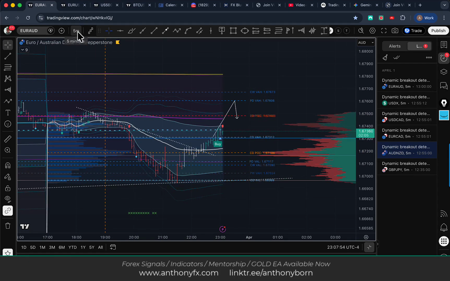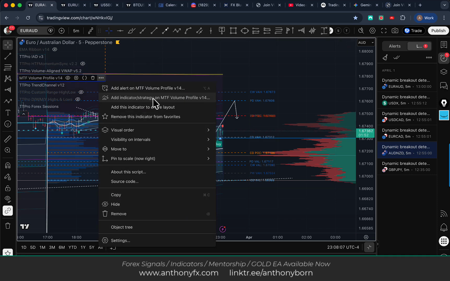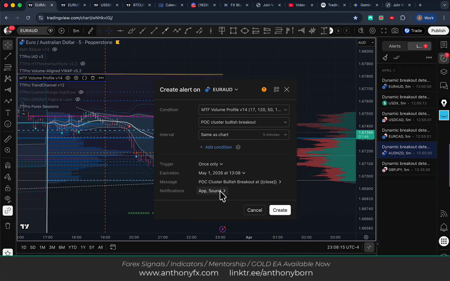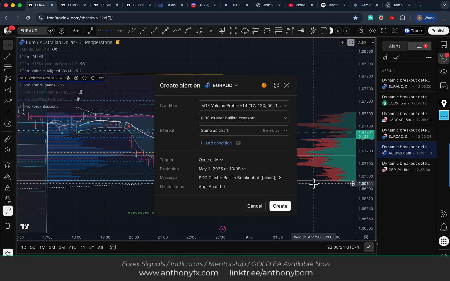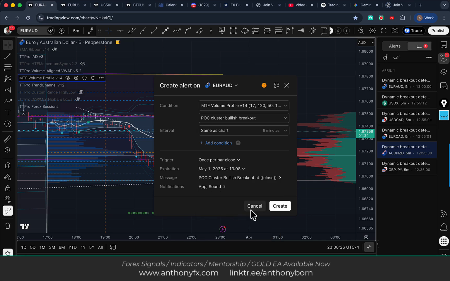So what I'll do with this is go for another alert now. That one's just to kind of get me interested. But the one that I really want is going to be the volume profile. And we want the POC cluster bullish breakout, that one. And I'm going to make it make a droplet sound. Okay, create, and I'm going to go once per bar closed.